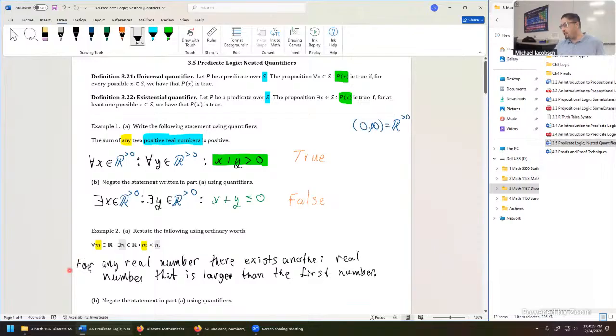We wrote this out as: for any real number there exists some other real number such that that number is larger than the first number. So here's our entire statement, just in ordinary words. Lots of different ways to phrase this, but as long as we are matching what the quantified statement is saying, matching the less than relationship here, then we've got a nice statement down.